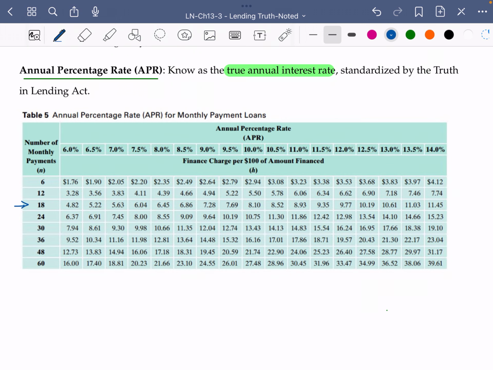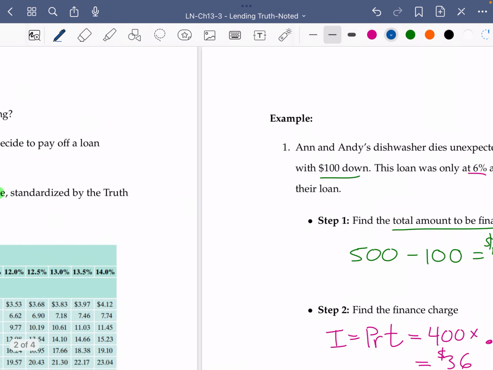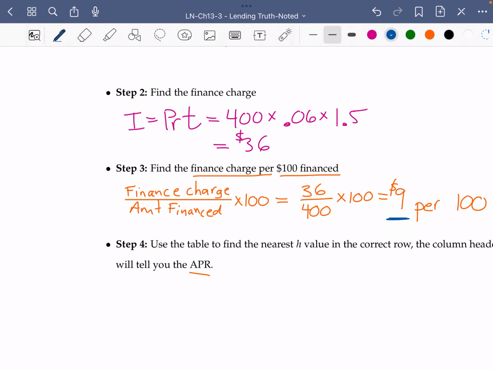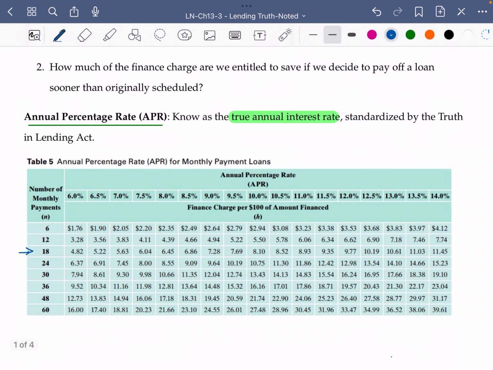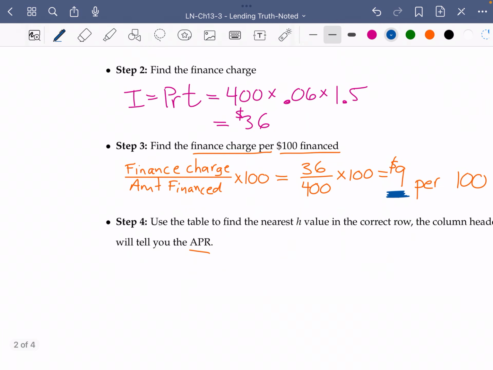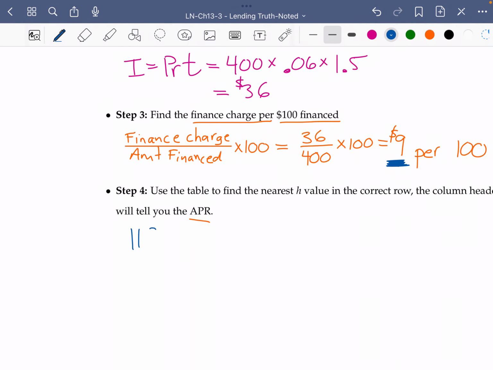As we move along this row, we want to find the closest value in the body of the table to $9. We see $8.93 and then $9.35. So the closest value is $8.93. Then we trace that back up and we say that our APR is 11%. So 11% is our APR.